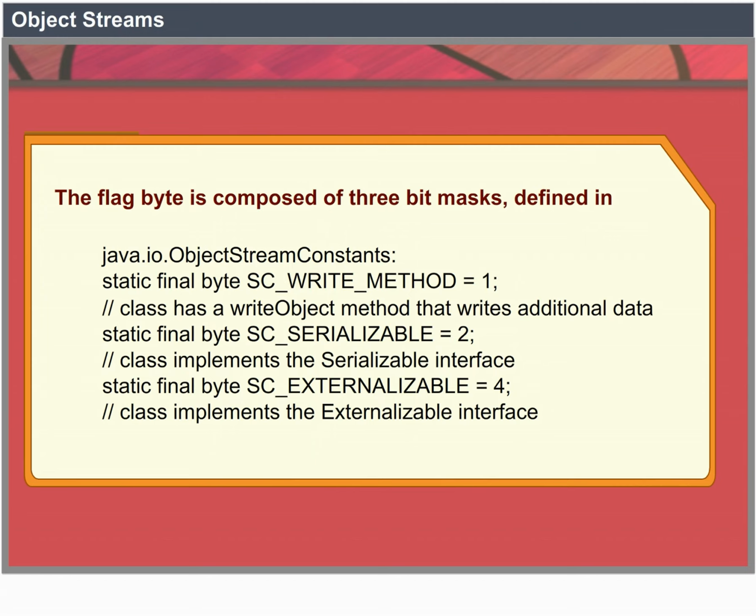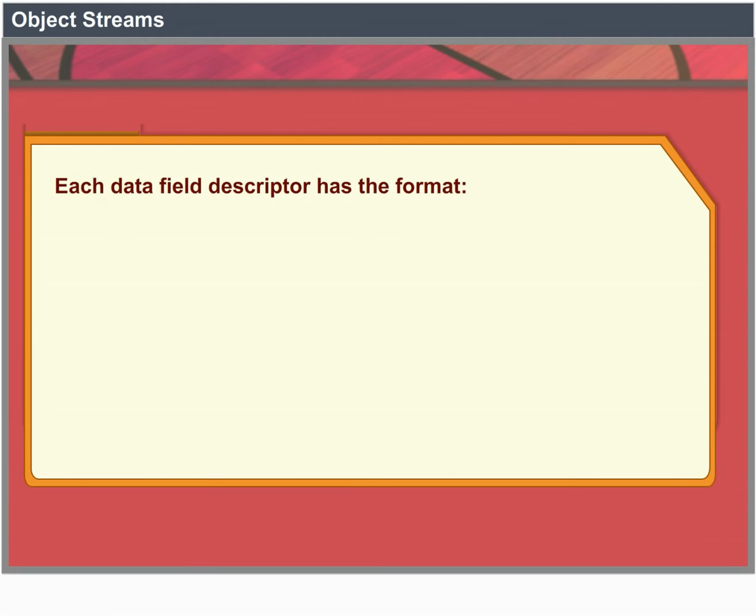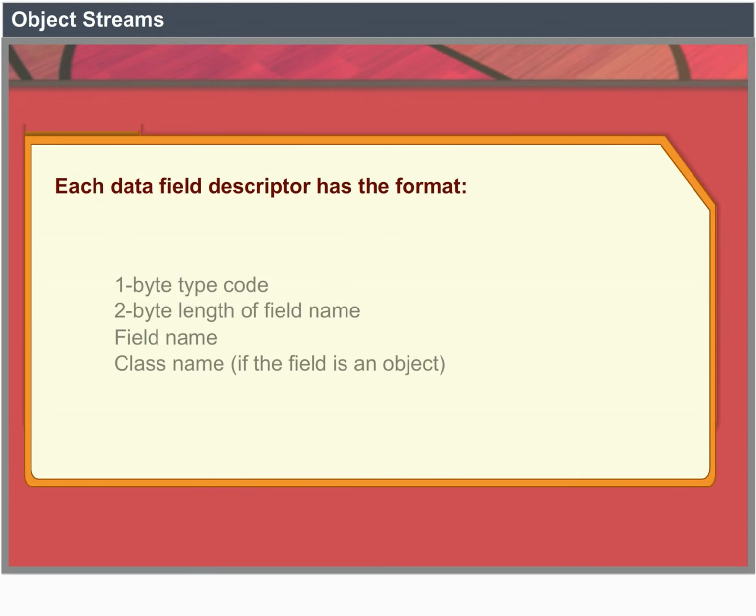Static final byte SC_EXTERNALIZABLE equal to 4: the class implements the Externalizable interface. Each data field descriptor has the format: 1-byte typecode, 2-byte length of field name, and class name if the field is an object.